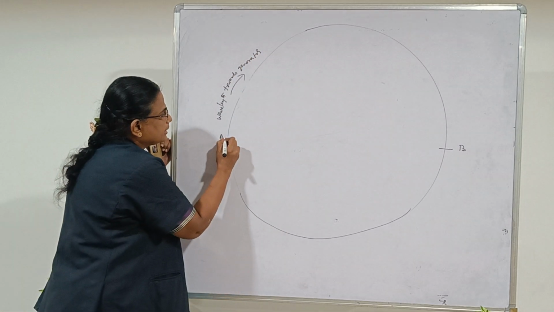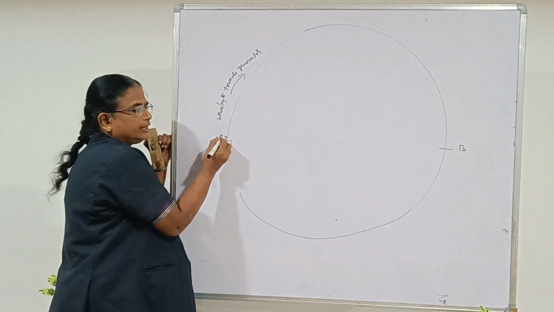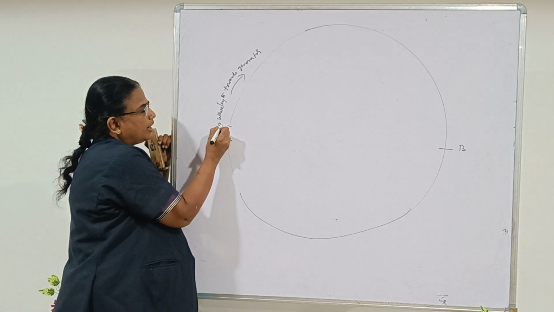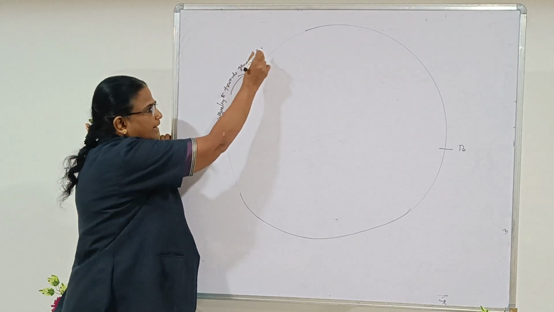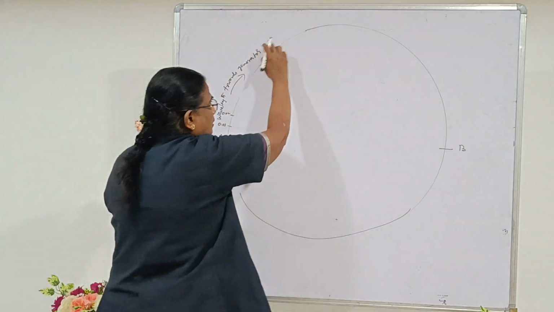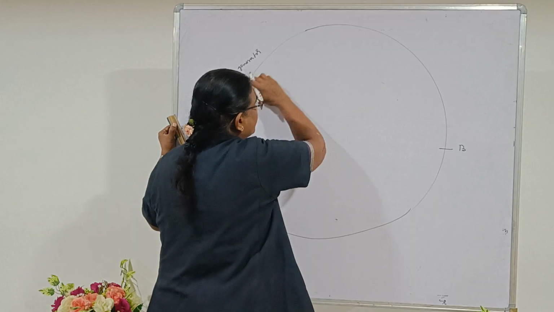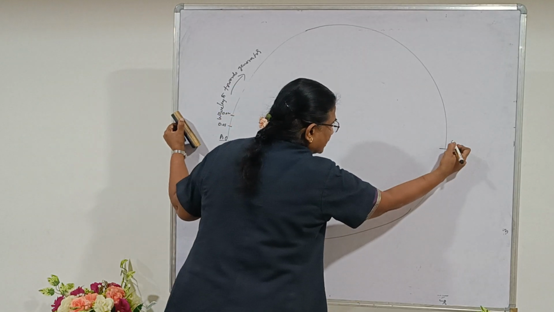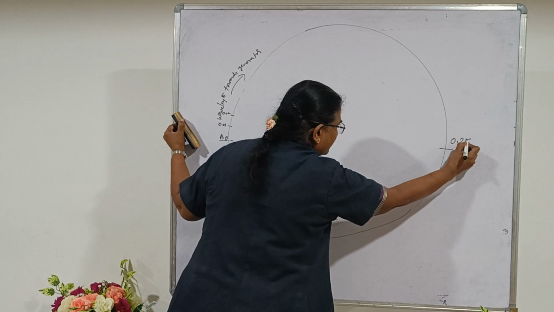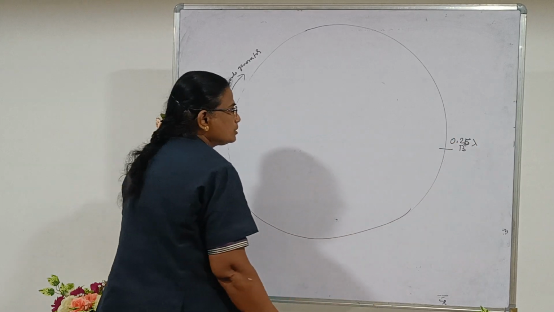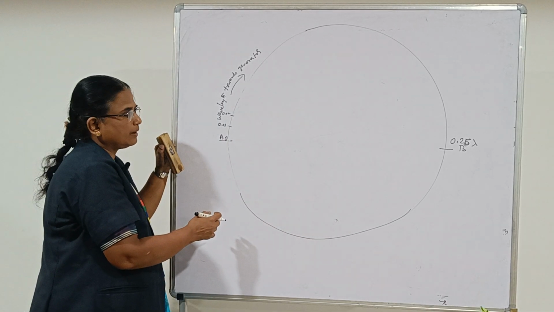Zero is written here, then 0.01, 0.02, like that. When you move in the clockwise direction and reach the other end, half rotation of the chart, it corresponds to 0.25 lambda. In terms of lambda you must put the length. So for a full rotation of the chart it is 0.5 lambda.